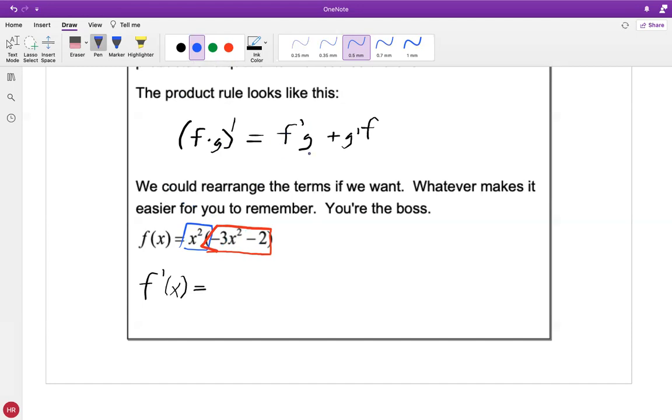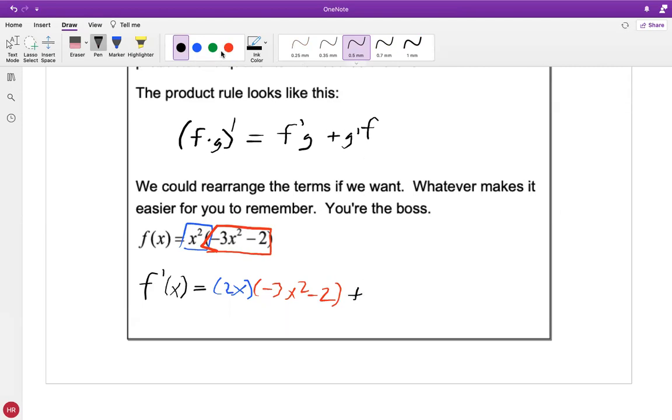So f prime g, the derivative of the first times the second. The derivative of the first is 2x. The second is negative 3x squared minus 2. So this is f prime times g. And then plus, there's a plus here.